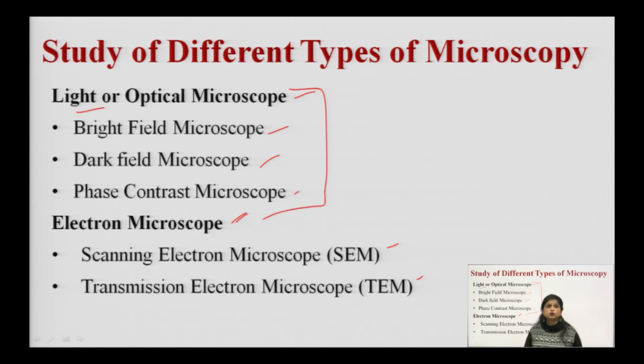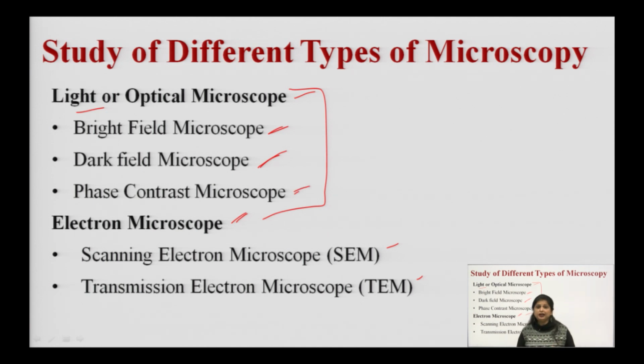These light microscopes are also available in the normal labs. We can easily see the normal microscopes which are generally available in 11th or 12th class; you must have seen them, even in some pharmaceutical labs also. That normal microscope we name a bright field microscope, and the advanced versions of bright field microscopes are dark field microscopes and phase contrast microscopes.